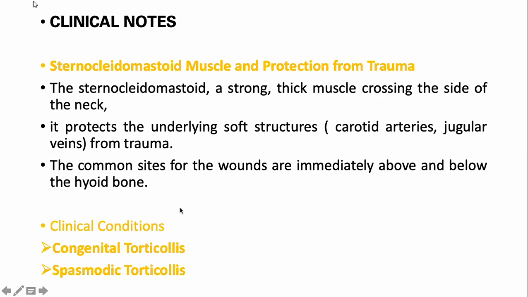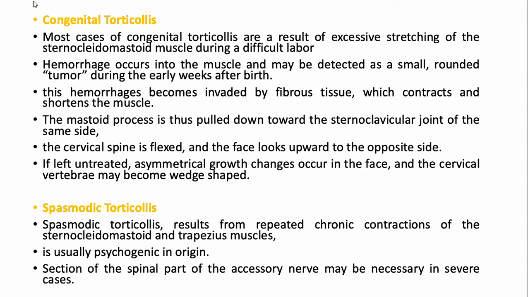For the clinical conditions, number one is congenital torticollis. The second one is spasmodic torticollis. For congenital torticollis, most cases are a result of excessive stretching of the sternocleidomastoid muscle during a difficult labor. Hemorrhage occurs into the muscle and may be detected as a small rounded tumor during the early weeks after birth.